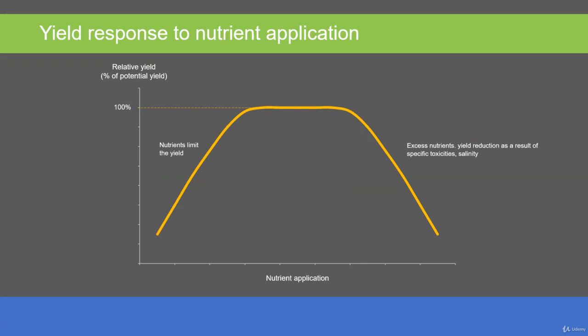So in this zone, we have nutrient deficiency, where the nutrients that are supplied or are available for the crop are actually limiting the yield. So at this nutrient level, for instance, the crop cannot reach its potential yield.